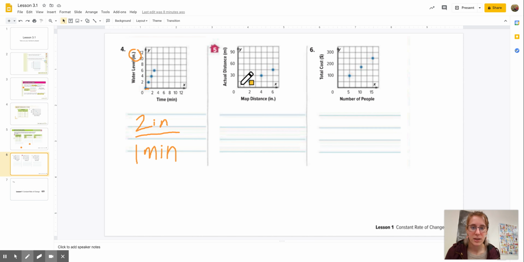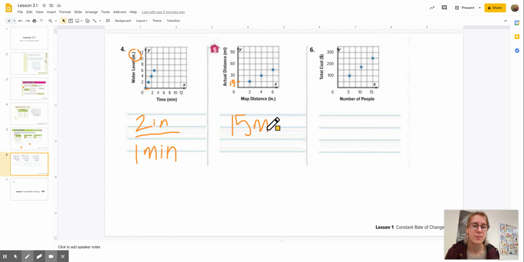In the next one, you're looking at, okay, this is 1 box, 2 box, so I'm traveling 2 inches and I'm going, looks like if this is 30, half of 30 would be 15. So I'm going 15 miles. You always want to do your Y first.